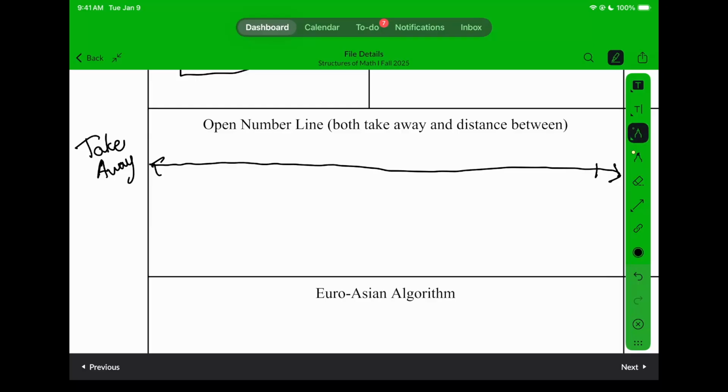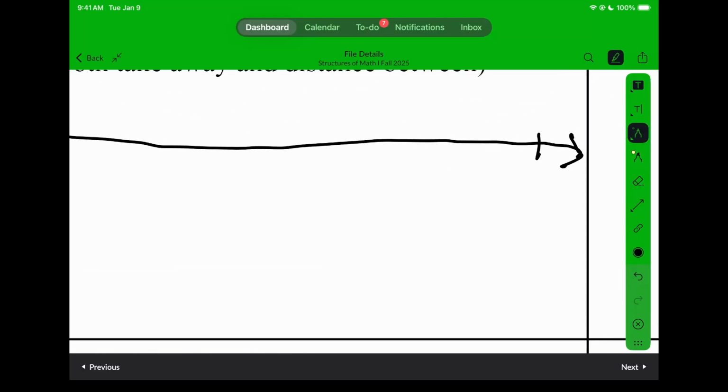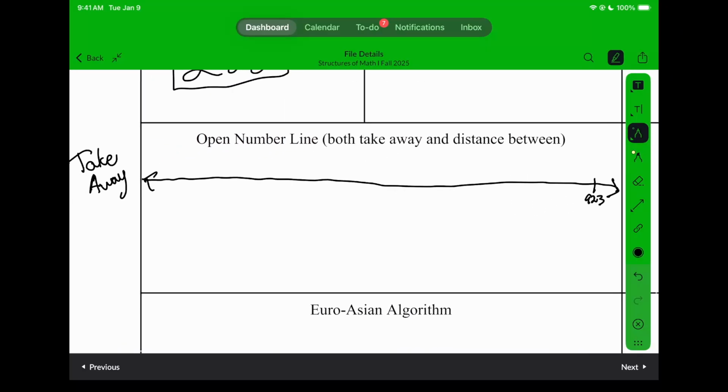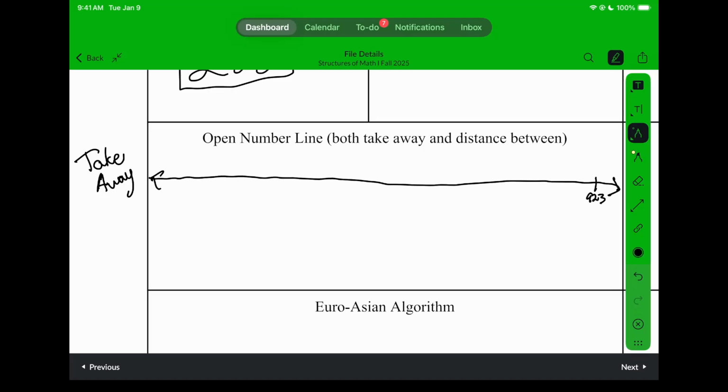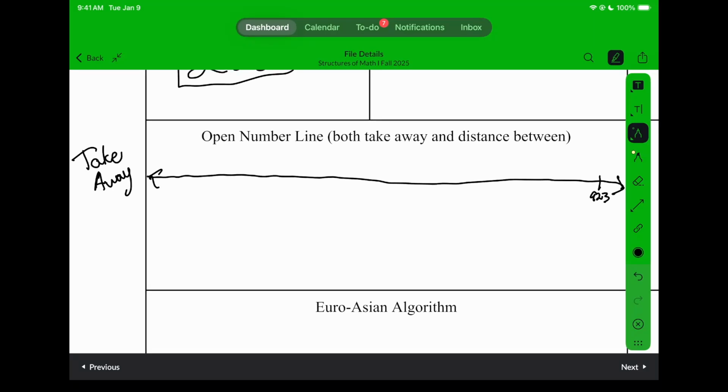Okay, so the way, hold on. All right, the way takeaway is going to work is we're going to, on the right, start with our large number, which is 923. And I don't like the way I wrote that. 923. Then we're going to take away the second number. So 685, we're taking that away.